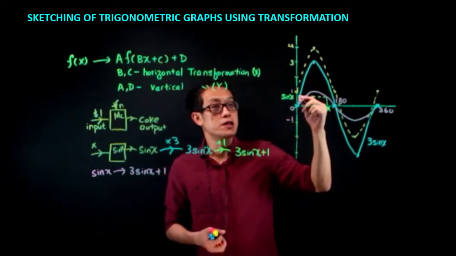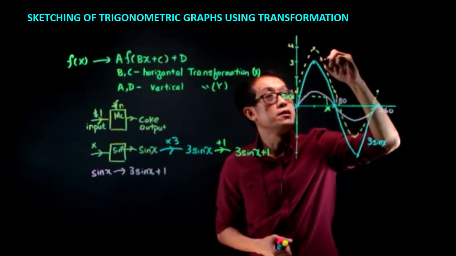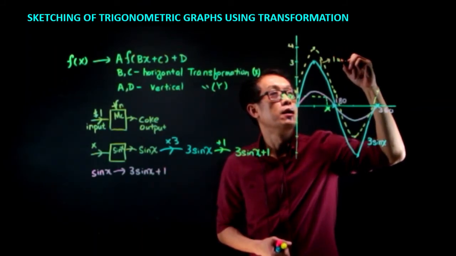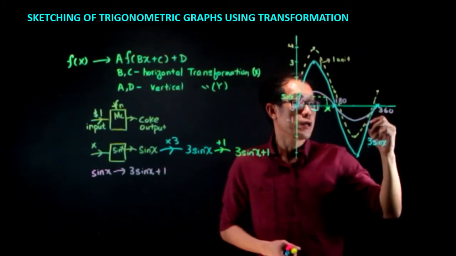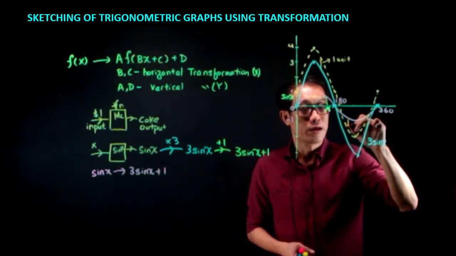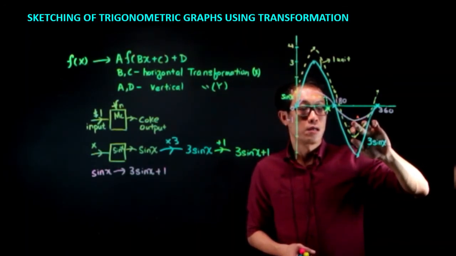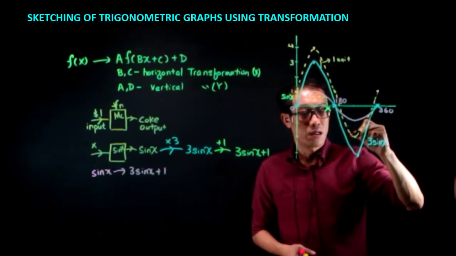Alright, so this distance here is 1. This is also 1. No, sorry, this is 1.